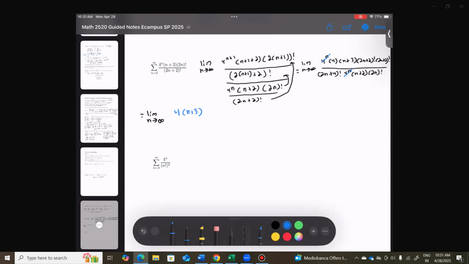And then the 2n factorial here. So we cover that, 2n factorial, 2n plus 2 factorial. As we go down, we'll have 2n plus 1, 2n, and then 2n minus 1, and so on. As well as in the bottom would be the 2n and the 2n minus 1. So this will cancel with the top, except for 2n plus 2 and 2n plus 1.